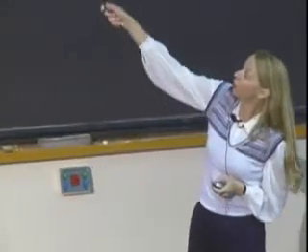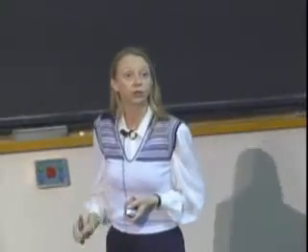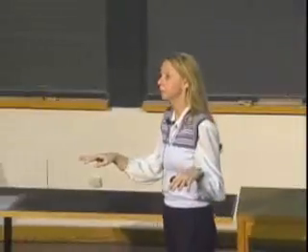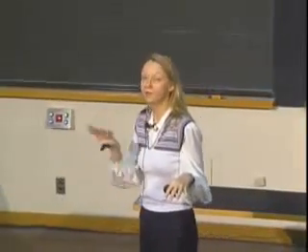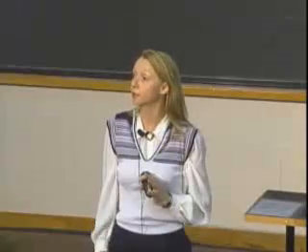What this ratio of partial pressures is called is the reaction quotient Q. It is the ratio of the partial pressures present at any time during the reaction. Not necessarily at equilibrium, at any time during the reaction.